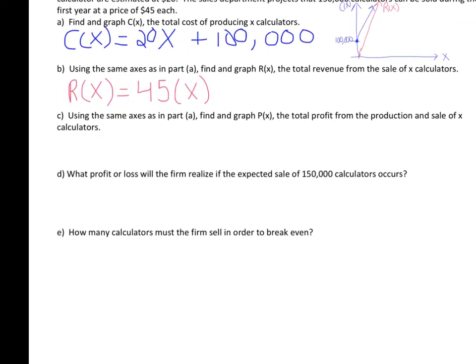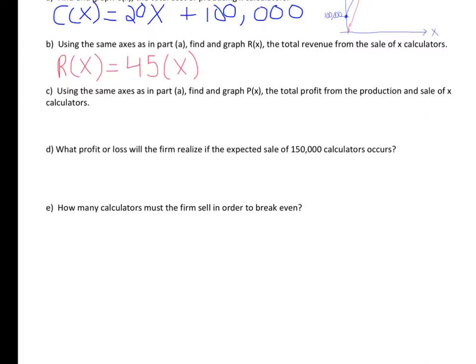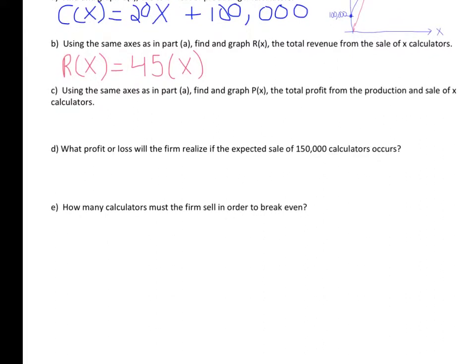Alright, using the same axes, find and graph P of x, which is the total profit. So this is something that you might need to recall, that your profit, your P of x, is going to be your revenue, how much you bring in, minus how much everything costs.